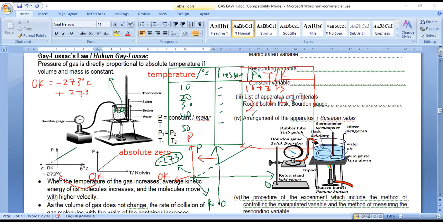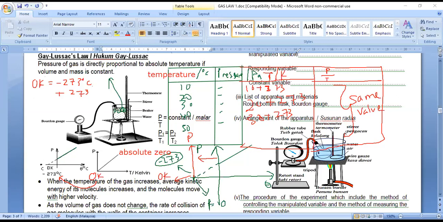If 30, 30 plus 273. And then if you find the ratio between the pressure and temperature in Kelvin, you will see that all the values inside here give you the same value. That means they give you a constant value.